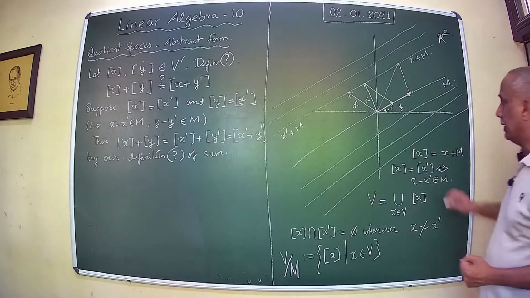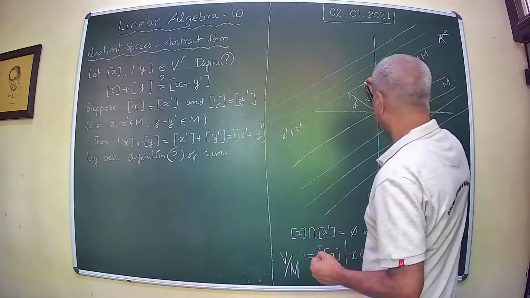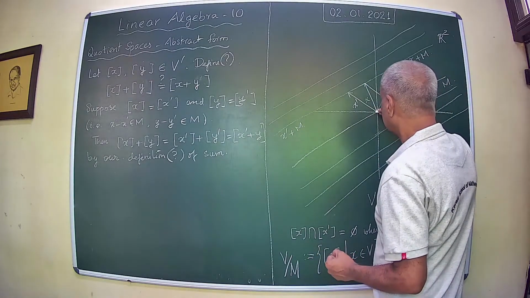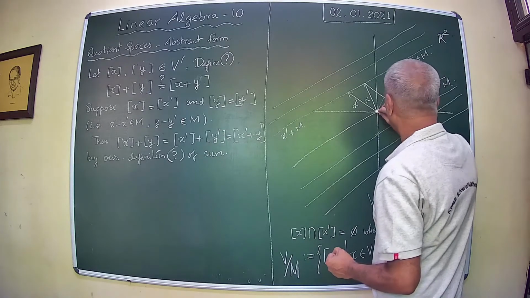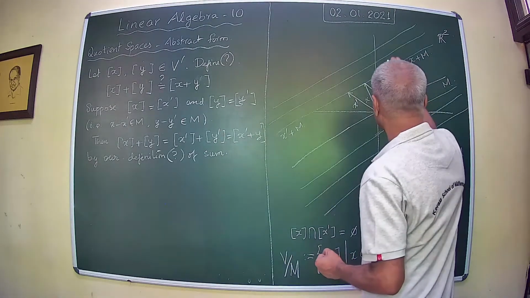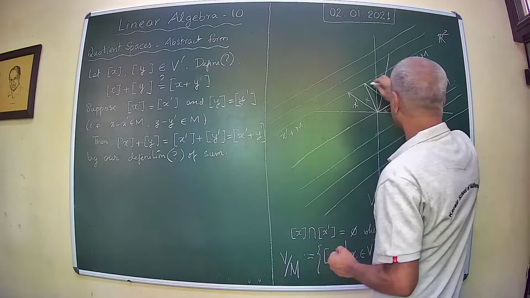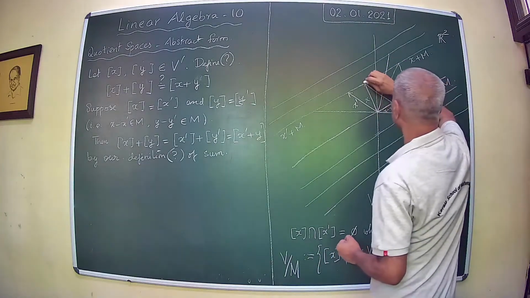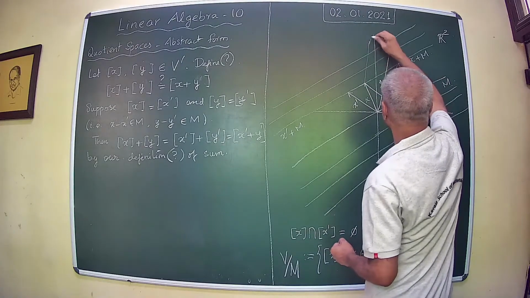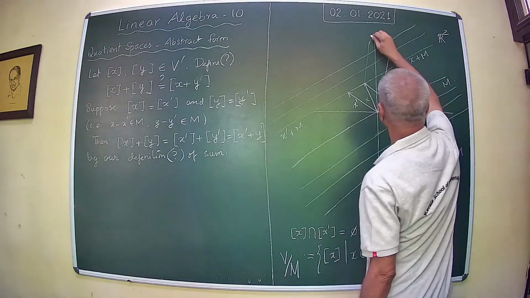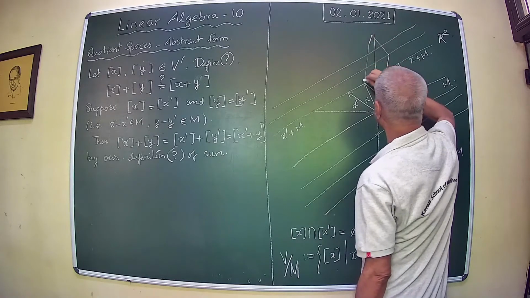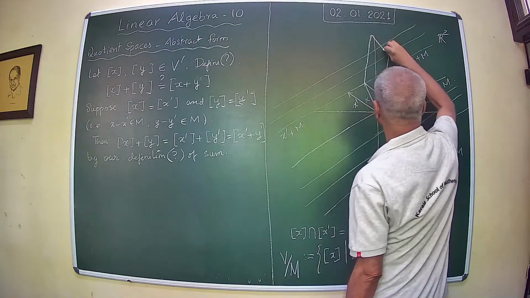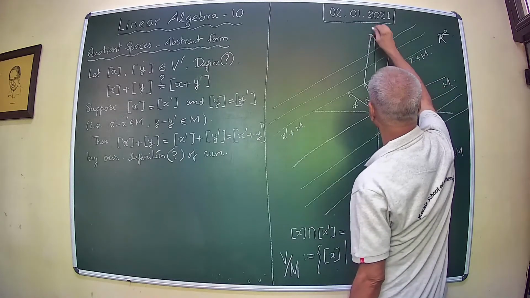If you take x here, then say y here, suppose this is y, then you take x plus y by adding these two vectors, using the parallel, therefore this is x plus y.